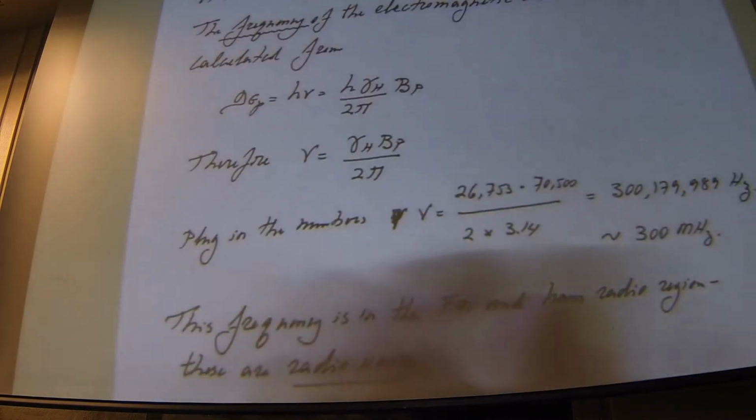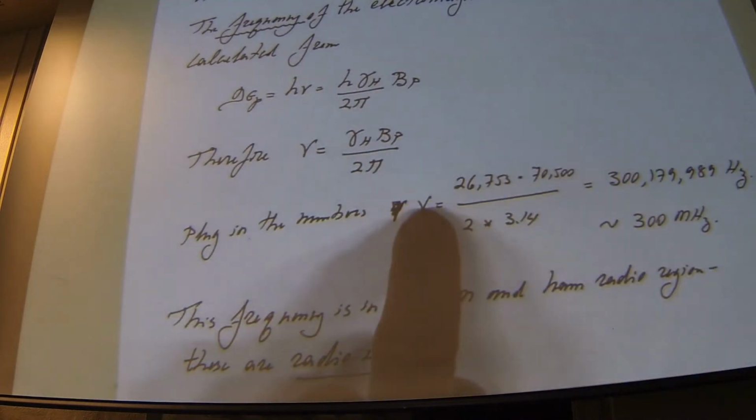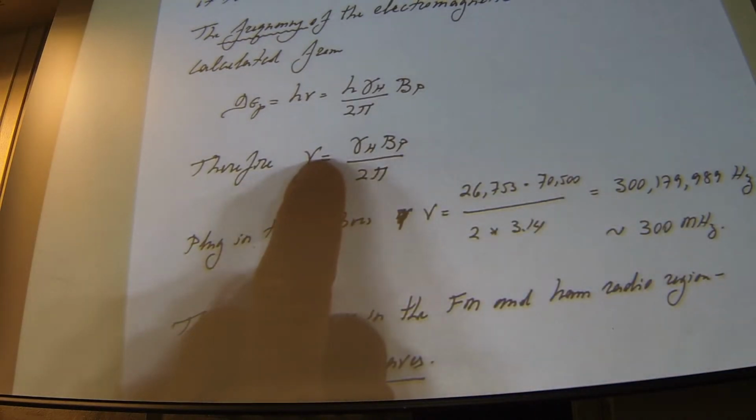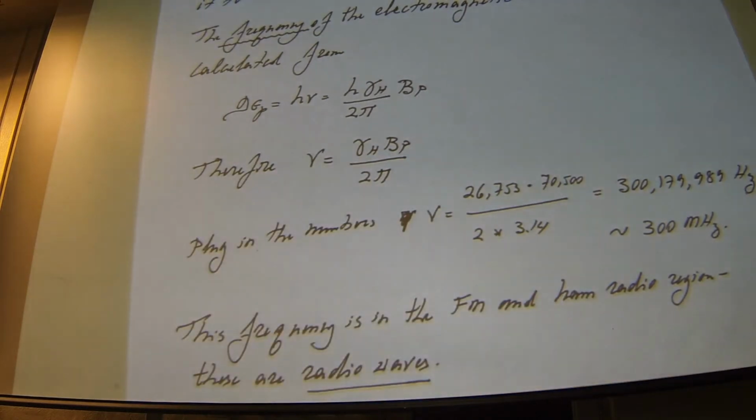Now, not all magnets are going to have the same field strength, which means what? If they don't have all the same field strength, then the frequency of the radiation is not going to be the same. And so that creates a problem. Creates a problem because, look, I have a really strong magnet.